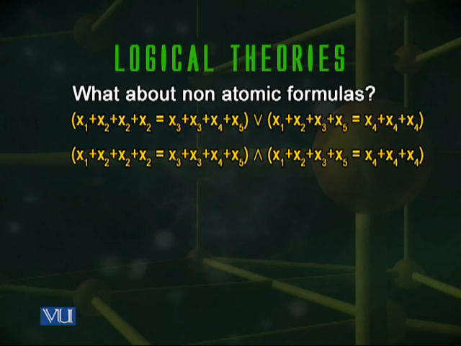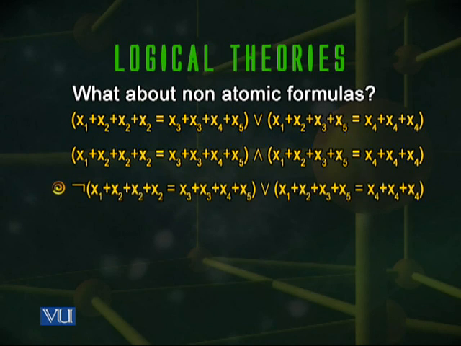The third way is, for example, to just negate the first formula, and of course we can make a much more complicated formula by negating the first formula and then ORing it with the second formula. Can we make DFAs which capture these formulas? So can we make DFAs which will accept strings over sigma 5 star if and only if the 5 numbers corresponding to a string of sigma 5 star satisfy these formulas?